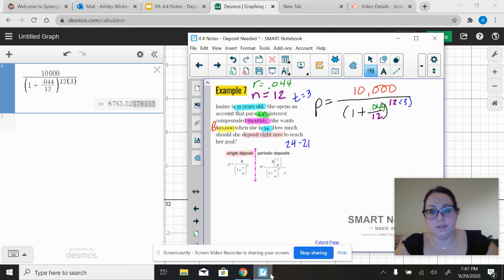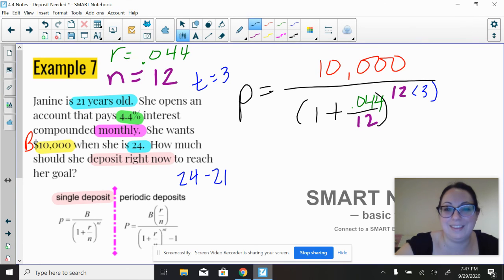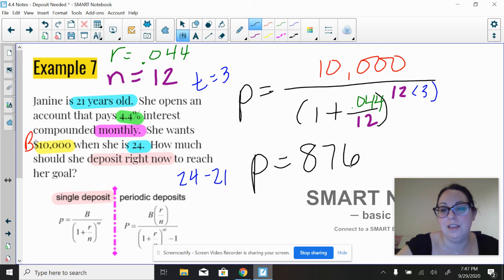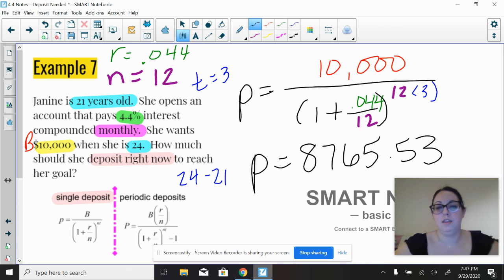So it's $8,765.53. So my periodic deposit amount is $8,765.53. And that is all we need for this one.